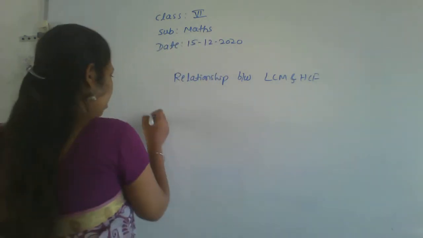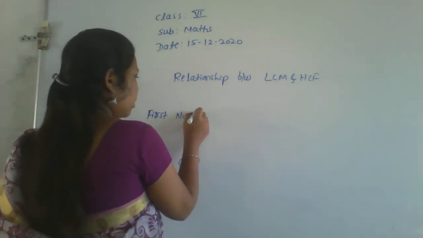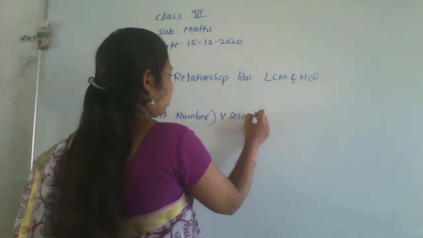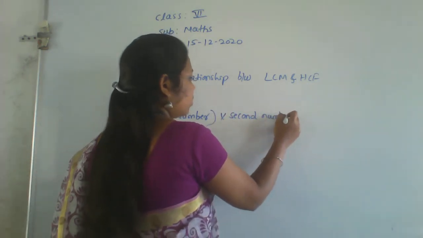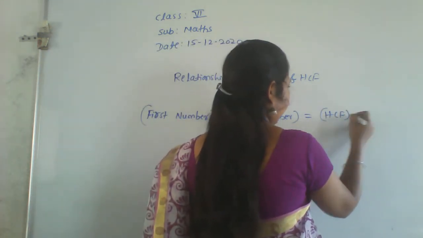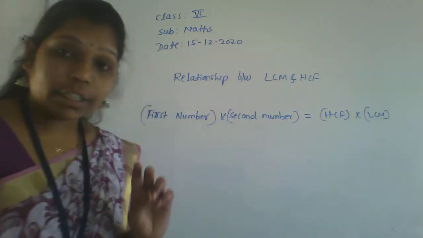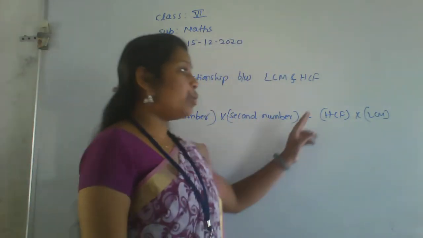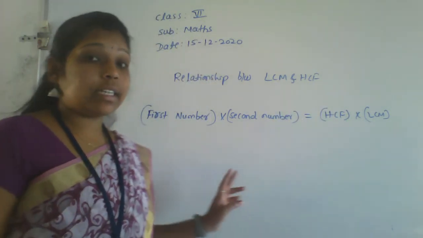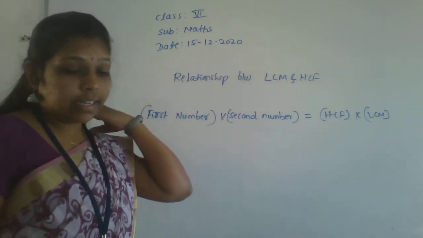That is nothing but the first number into second number is equal to HCF into LCM. The product of the two numbers is equal to the product of the HCF and LCM. This is the relationship between the LCM and HCF.